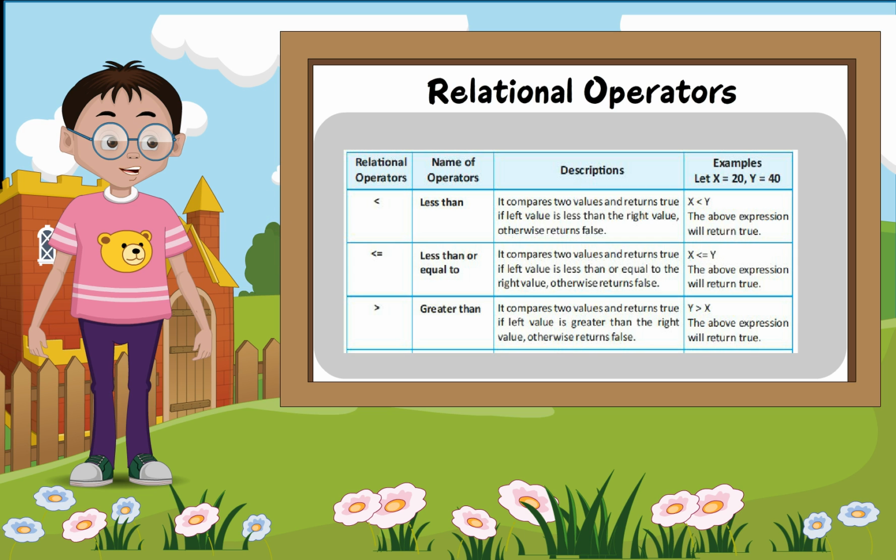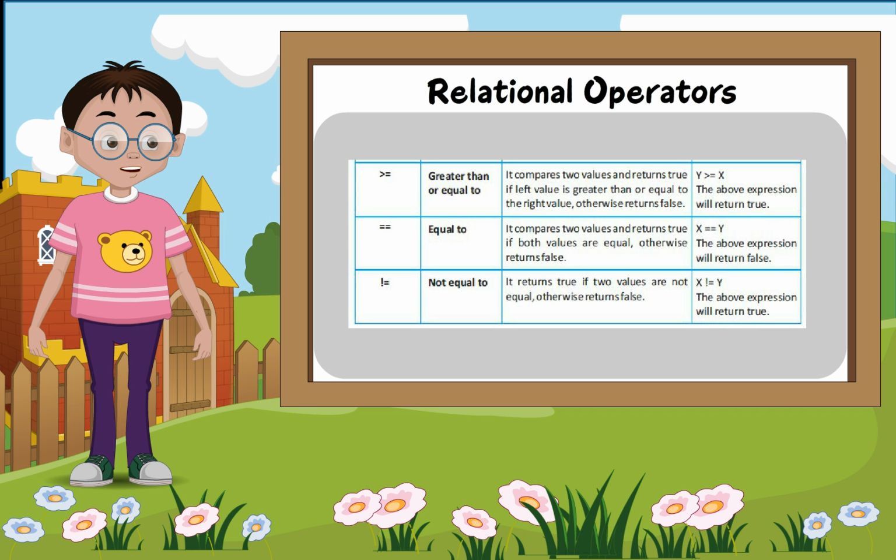Greater than. It compares two values and returns true if the left value is greater than the right value, otherwise returns false. y greater than x. The above expression will return true. Greater than or equal to. It compares two values and returns true if the left value is greater than or equal to the right value, otherwise returns false. y greater than or equal to x.